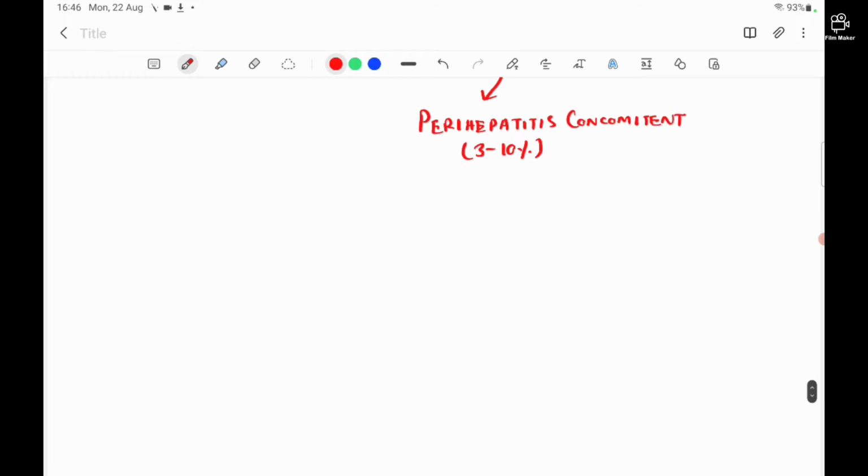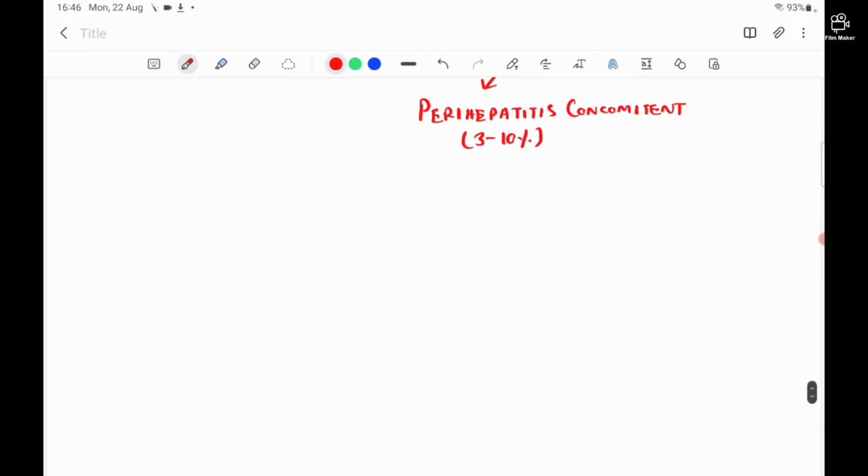And apart from that, another very important point is there might be this perihepatitis concomitant if it's caused when there is a vascular dissemination of infection or due to transperitoneal flowing, and this is also called perihepatitis concomitant in PID.